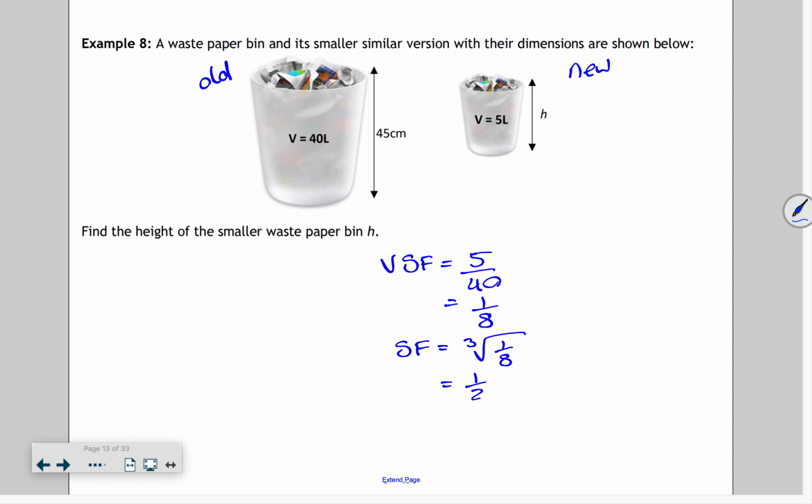You can test it on your calculator just to make sure that it works out. Okay? So my scale factor is going to be a half, so I can say that the height h is going to be 45 multiplied by a half, which is 22.5 centimeters. Okay?